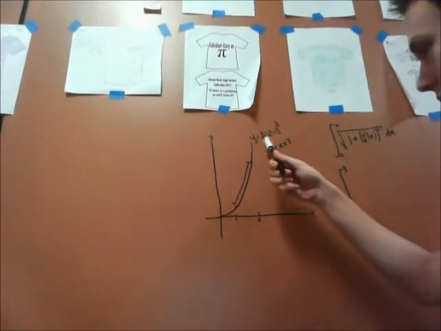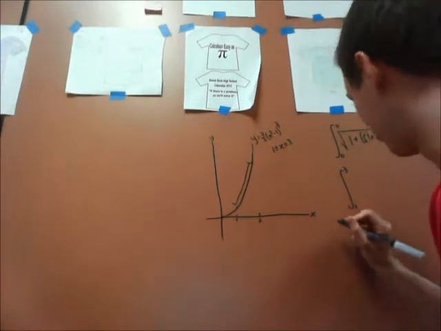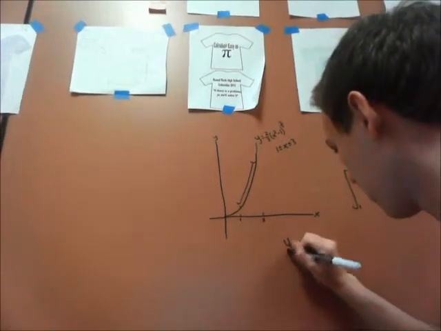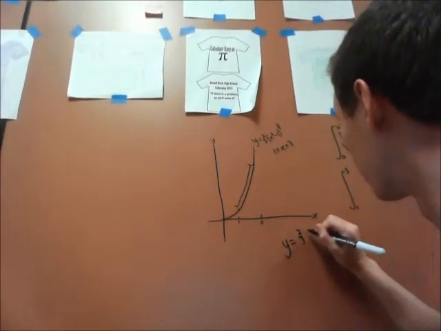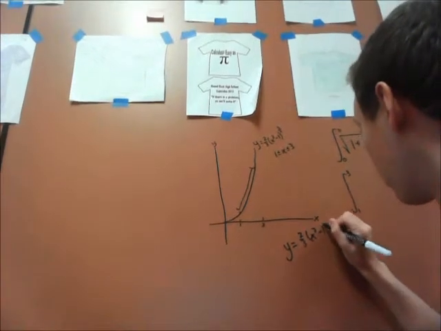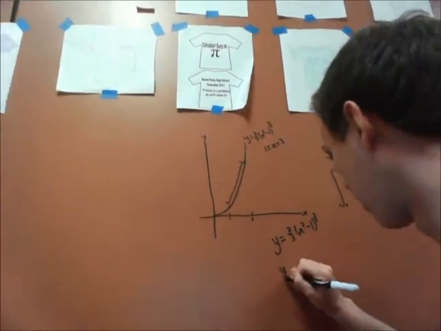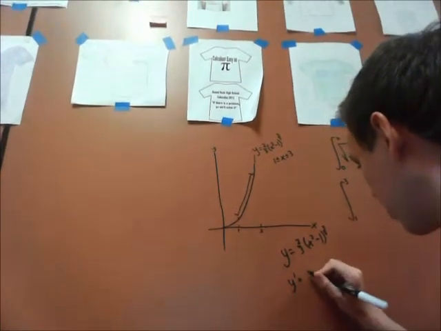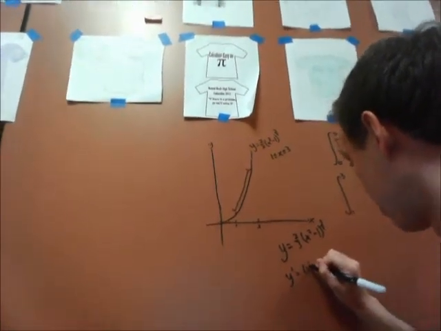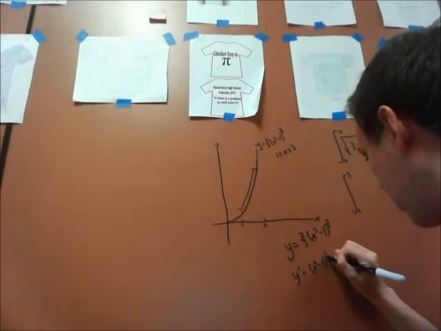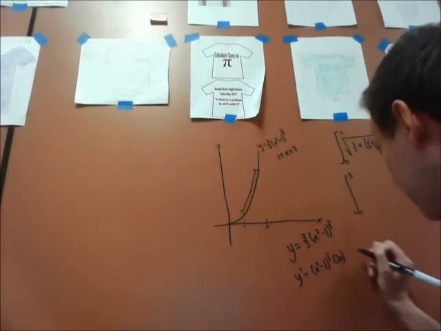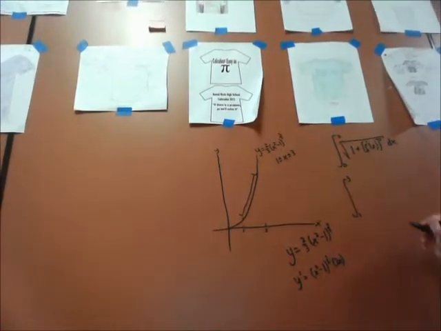Then we have to take the derivative of y, which we can do over here. So y equals 2/3 times (x squared minus 1) to the 3 halves. You differentiate with the chain rule, and you get y prime equals (x squared minus 1) to the 1/2 times 2x. Now all you have to do is plug it into the formula.